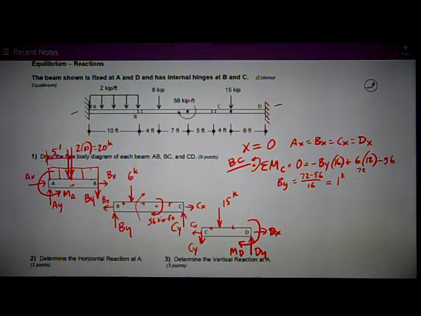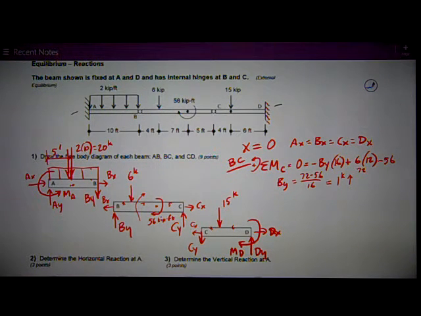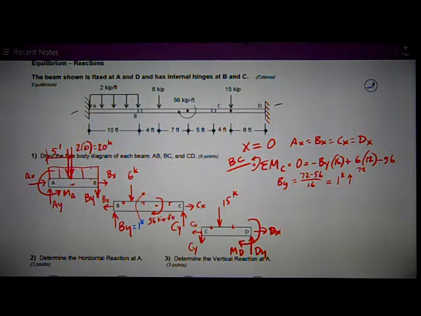Positive means up on the member in the way I assumed it. So BY, now let me go over here and change colors to blue. BY is going to be equal to 1 kip up on BC. Therefore, it's going to be equal to 1 kip down on AB.